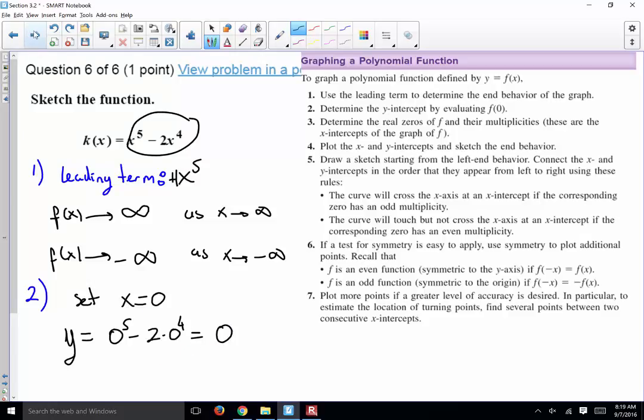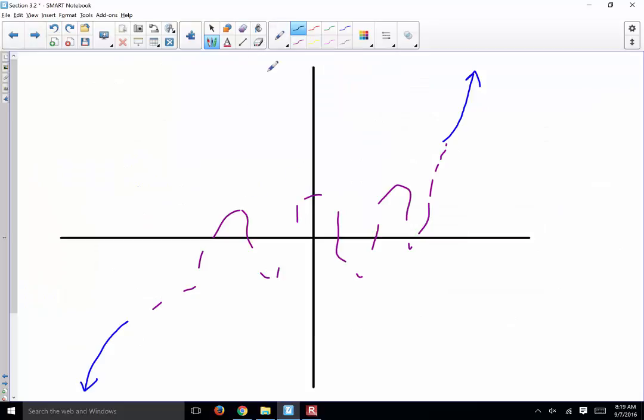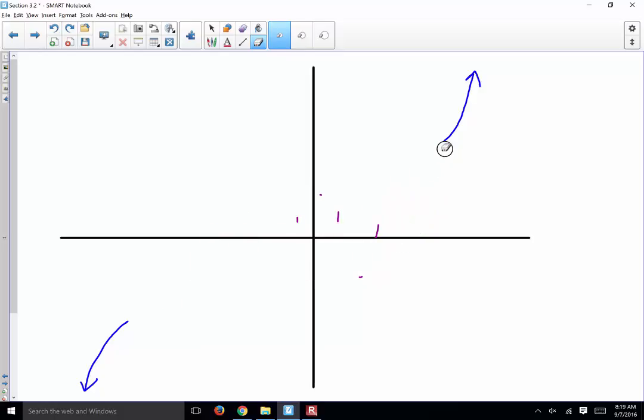So the y-intercept is 0. So my graph is wrong. It shouldn't be crossing y here. Let's clean this mess. It's crossing the y-axis right at the origin. Here we go. And I also see immediately that one of the x-intercepts is 0 as well. Because if you have origin crossing, it crosses the x-axis as well.